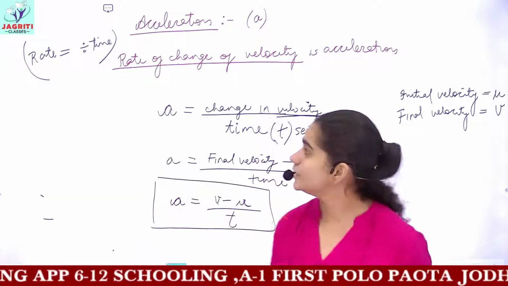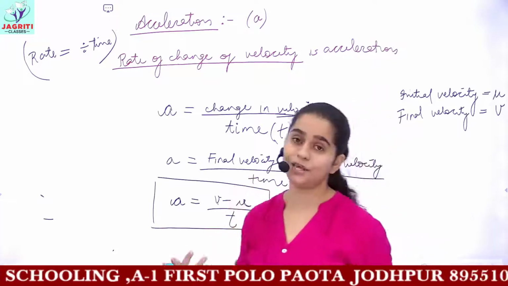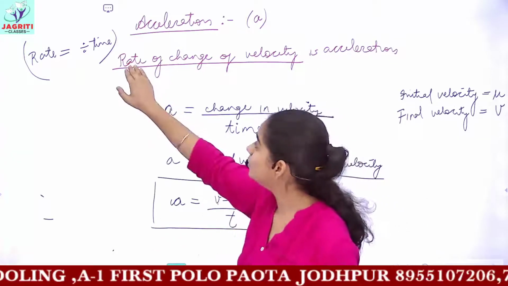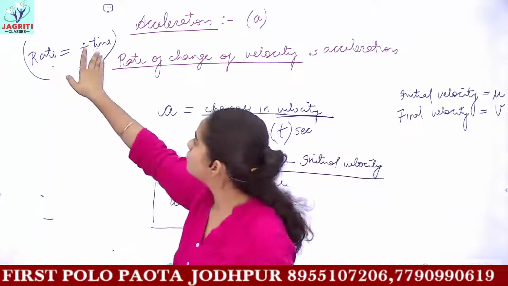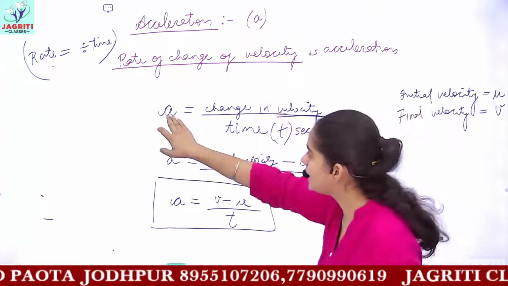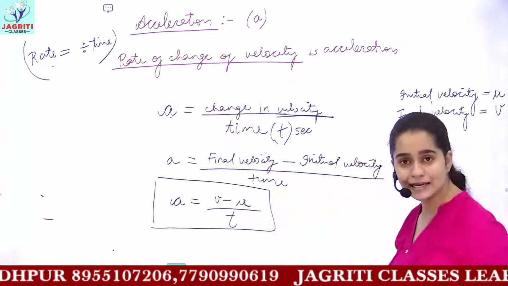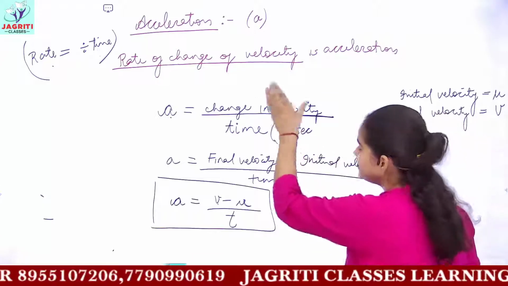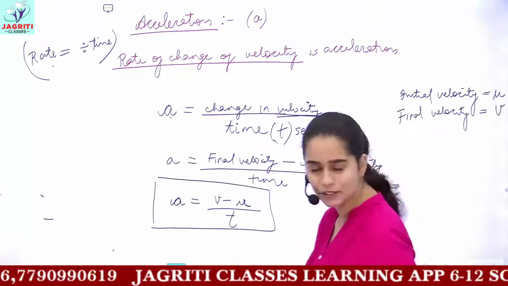What was acceleration? Acceleration is rate of change of velocity. Well and good. Then I said rate means anything divided by time. So I said the symbol of acceleration is small a. Acceleration is change of velocity divided by time. Then change in velocity is final velocity minus initial velocity.